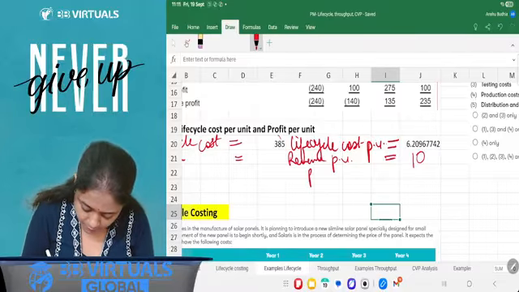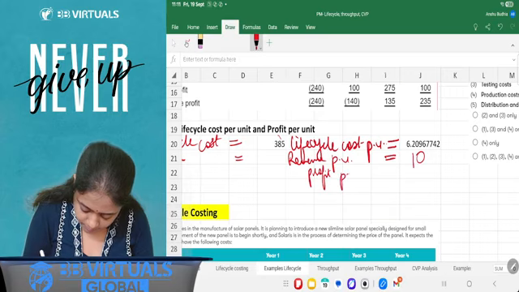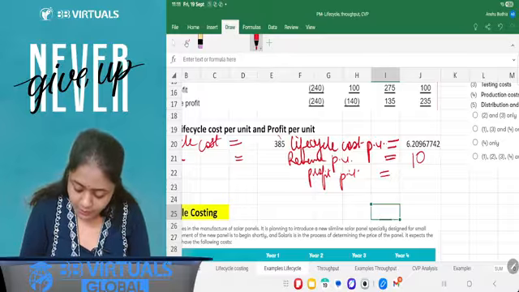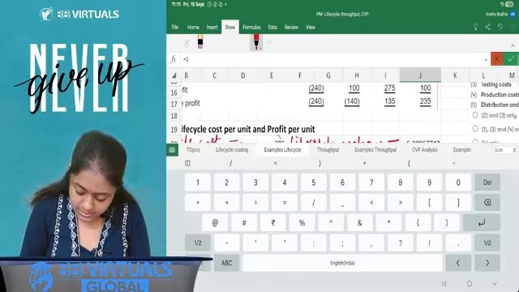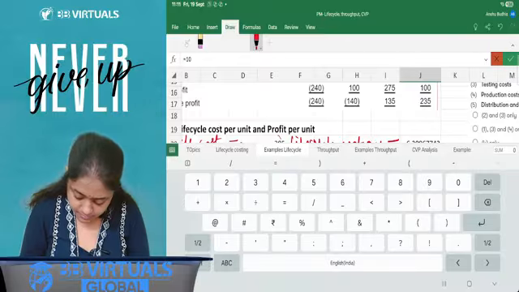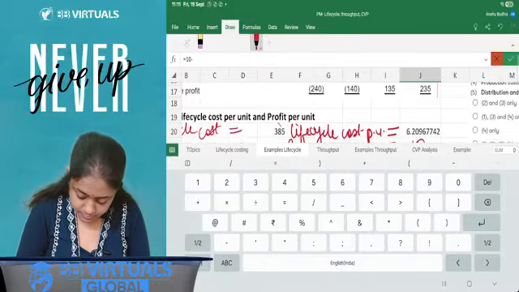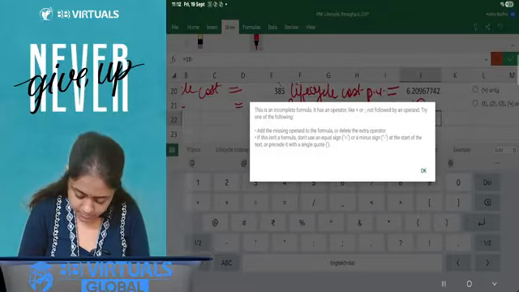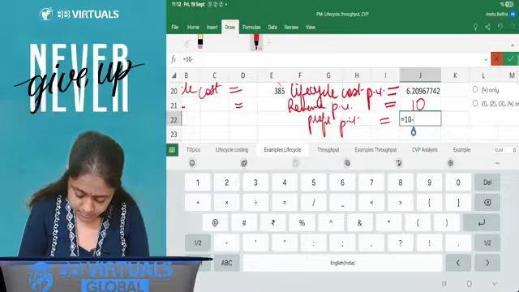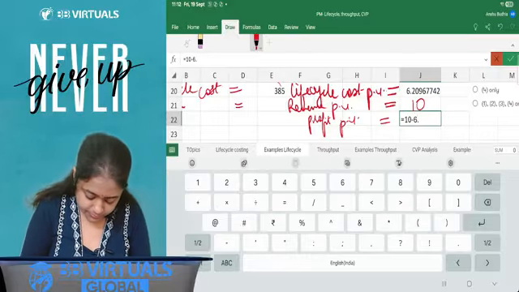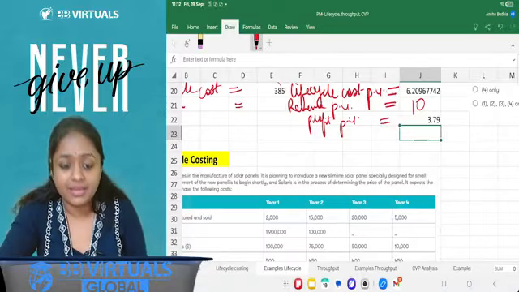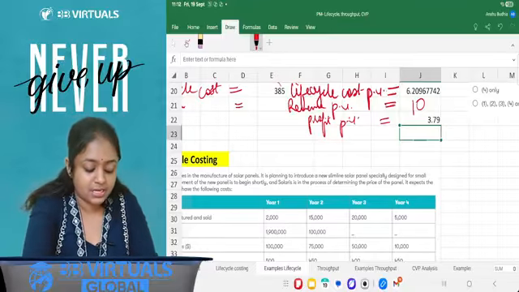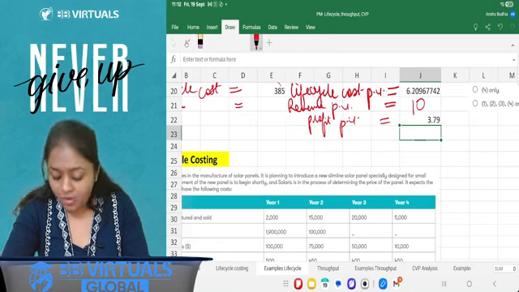So what is your profit per unit? Profit per unit will be 10 minus 6.21. So people, what is the profit per unit that we are getting? 3.79. So my profit per unit is 3.79 and my cost per unit is 6.21.